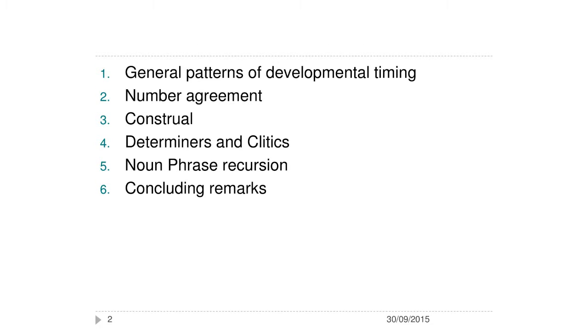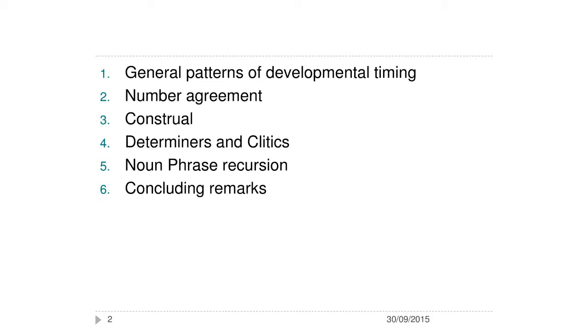I'm going to look at number agreement, construal, determiners and clitics, and noun phrase recursion, before wrapping up with some general messages about how developmental research on language needs to take place.